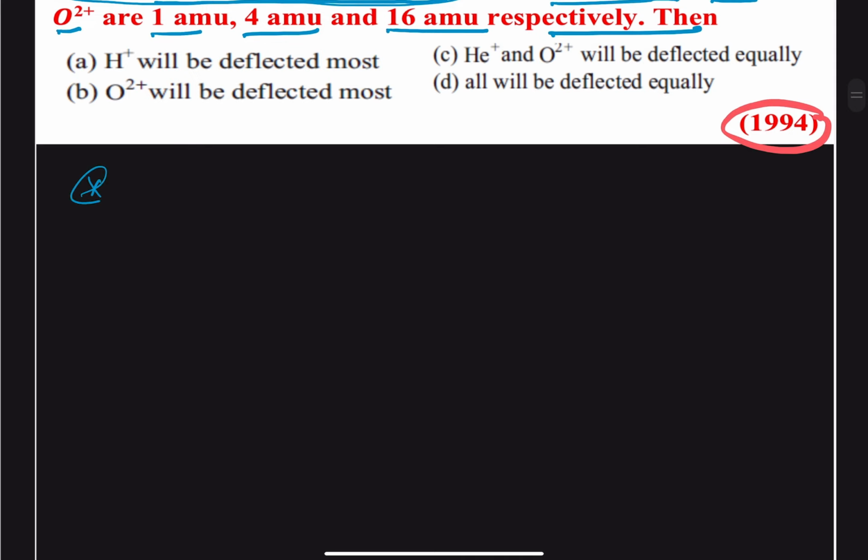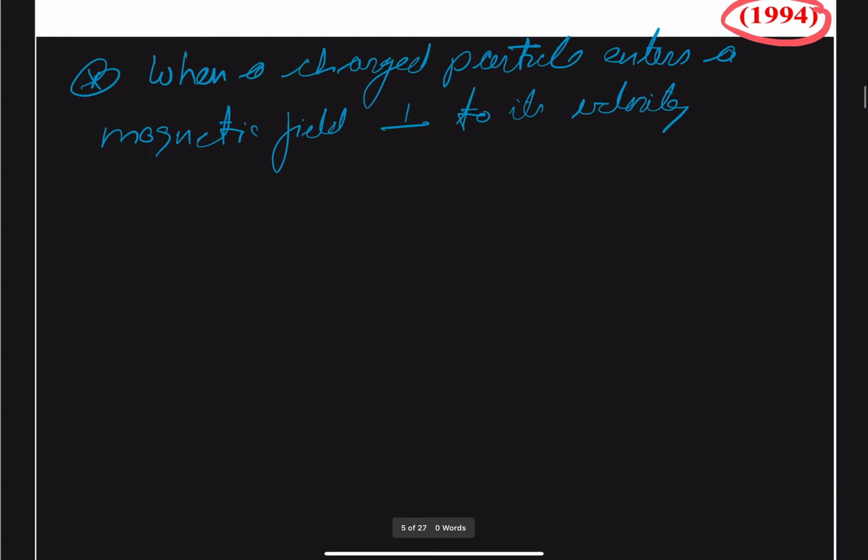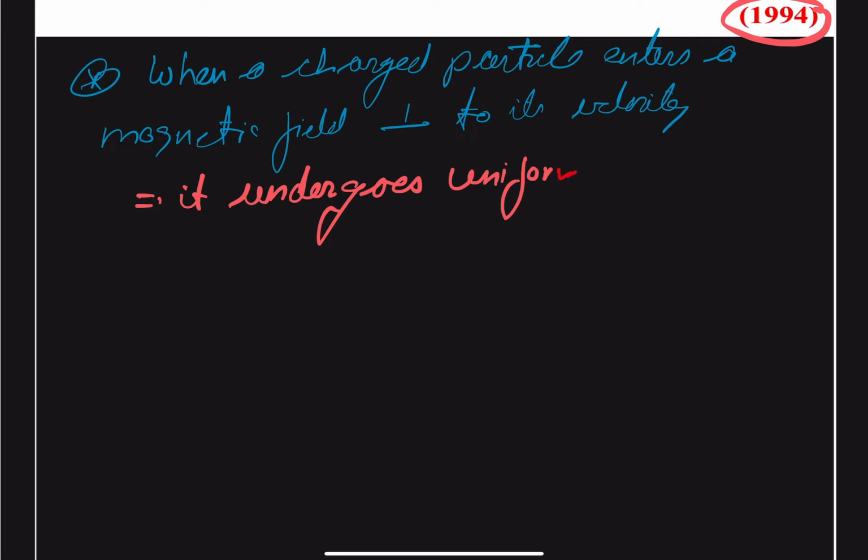So when a charged particle enters a magnetic field perpendicular to its velocity, it undergoes uniform circular motion.